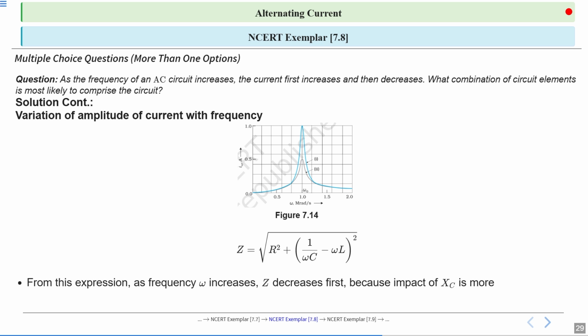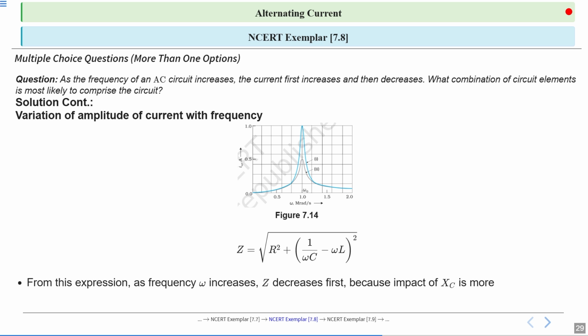When we start increasing the frequency, XC will start decreasing and XL will start increasing, because XL is omega L and XC is 1 by omega C. The gap between XC and XL will decrease, due to which Z will decrease.